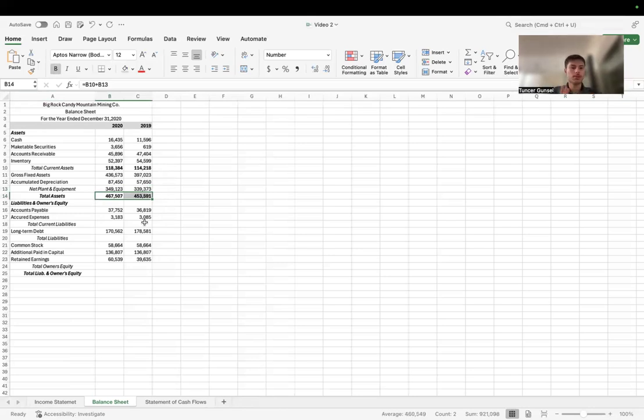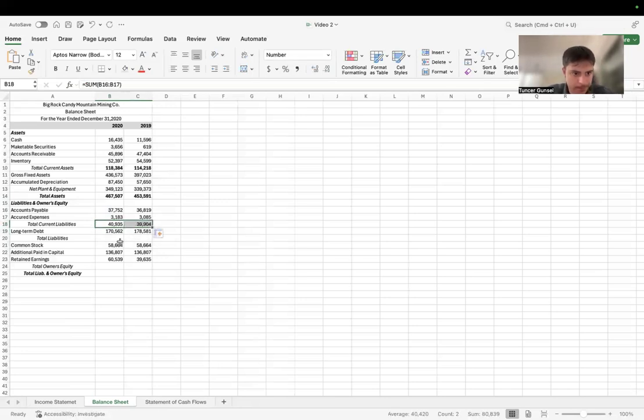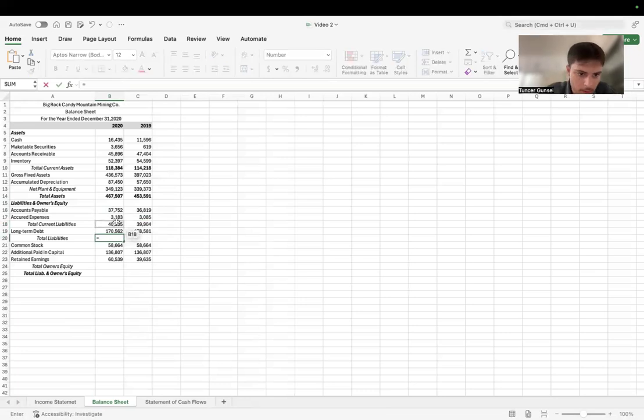Going to the liability section, we're going to calculate our liabilities. Let's use the sum formula. And our total liability is going to be the sum.